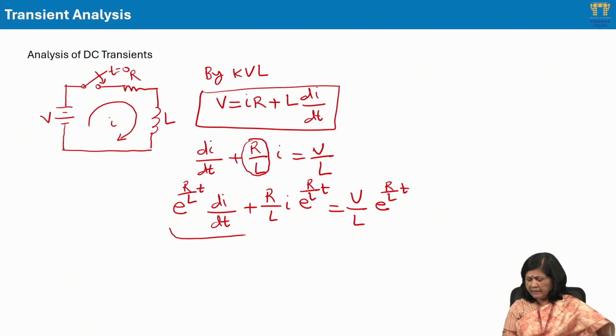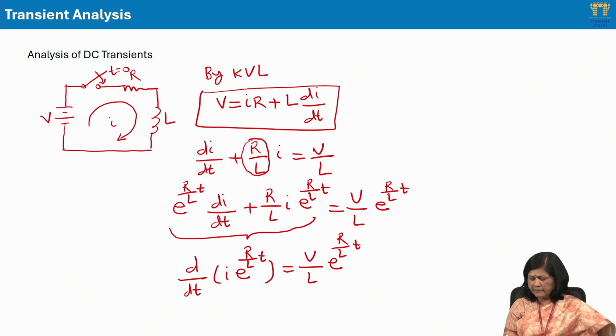So we see here it is like differentiation of a product. So we can bring it into the simplest form as d by dt of i e to the power R by L into t is equal to V by L e to the power R by L into t.